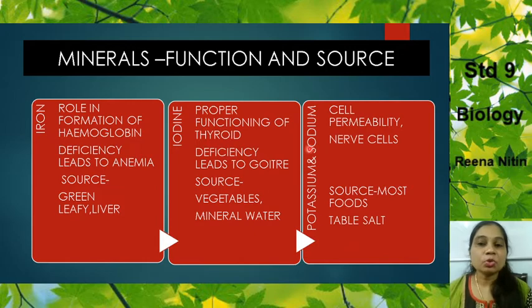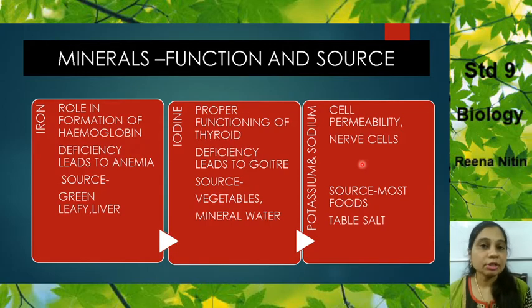Now, potassium and sodium are clubbed together because their functions are almost similar. Their functions are cell permeability, allowing things to pass from cell to cell, and also the functioning of nerve cells. They are present at the synapse, the junction between two nerve cells, where impulses are transmitted from one cell to the other.